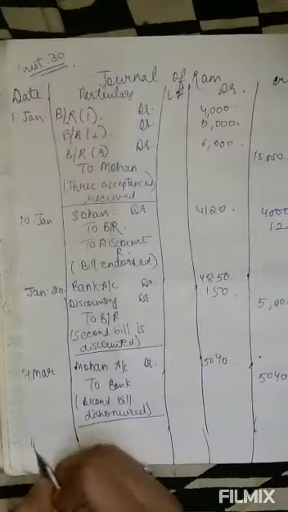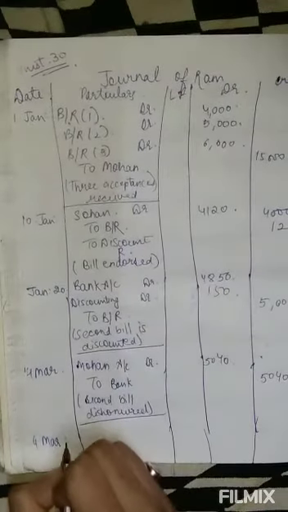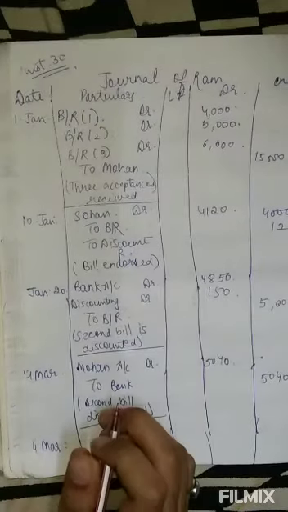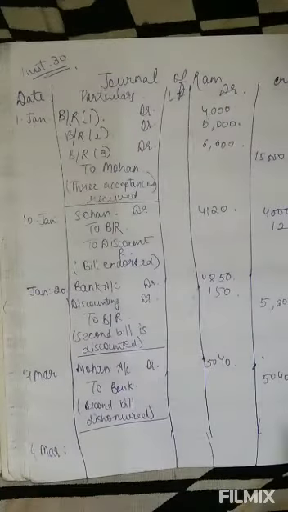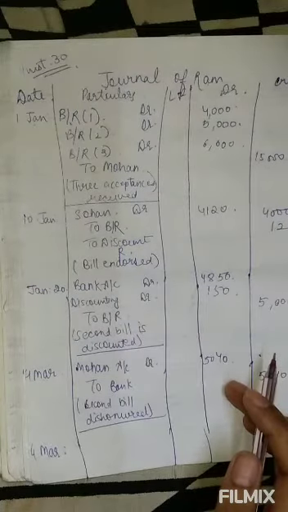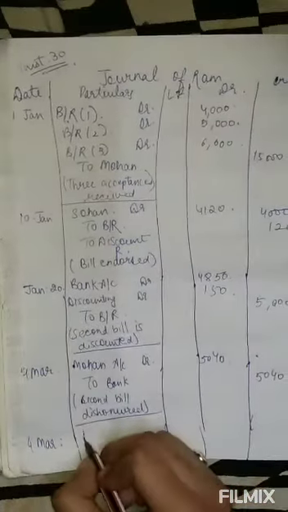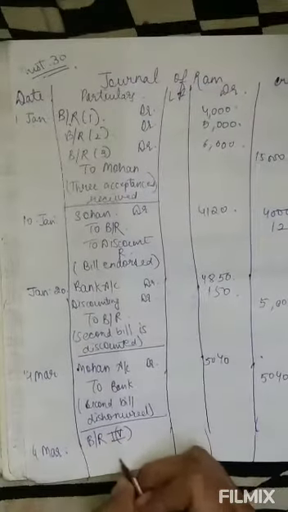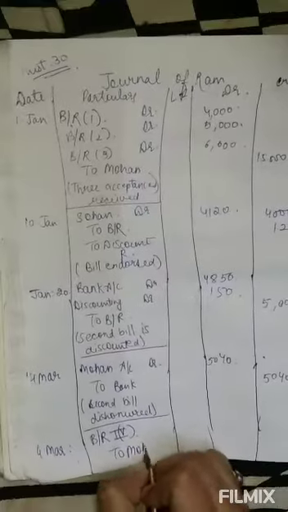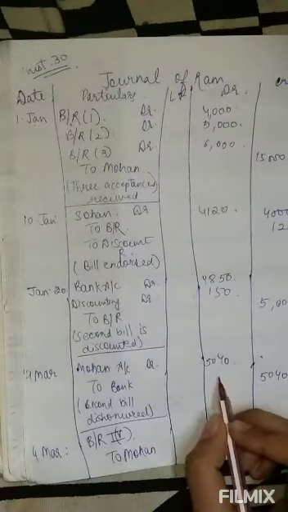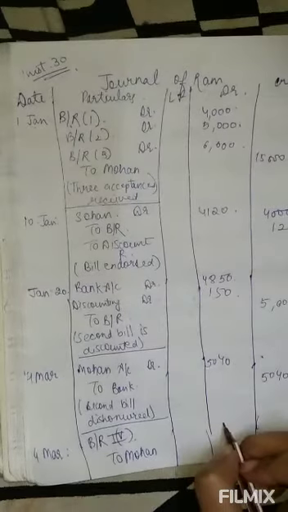Right? After this, on 4th March only, in the second last para we have that on Mohan's request, Ram drew a 4th bill. Means Mohan is now giving BR 4, so we will debit BR, to Mohan, and this is of 5,000 but 200 interest is also added in this.